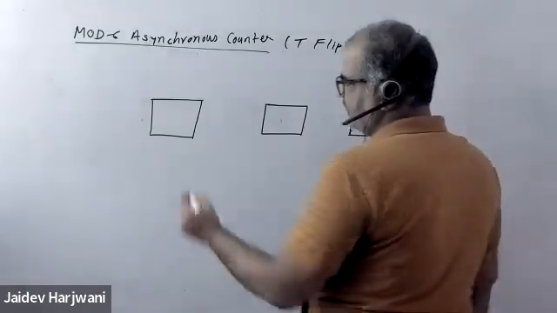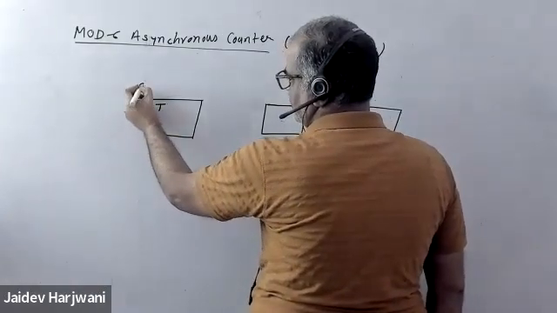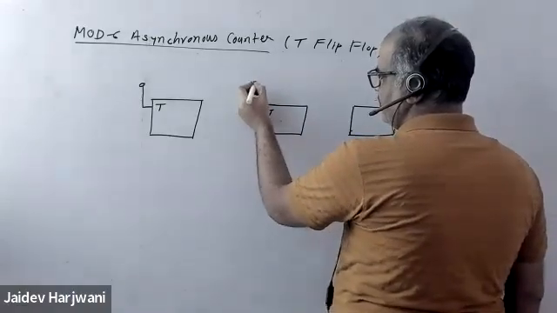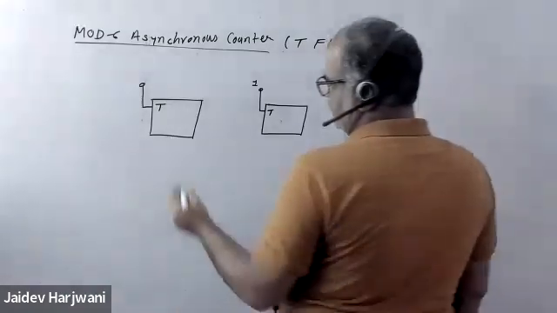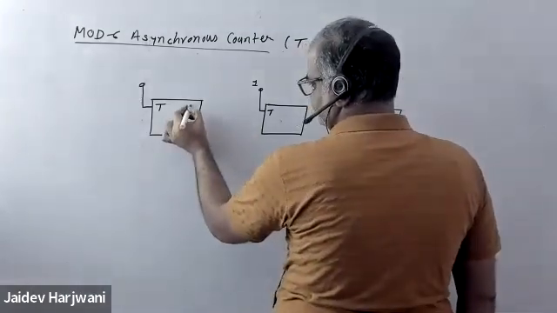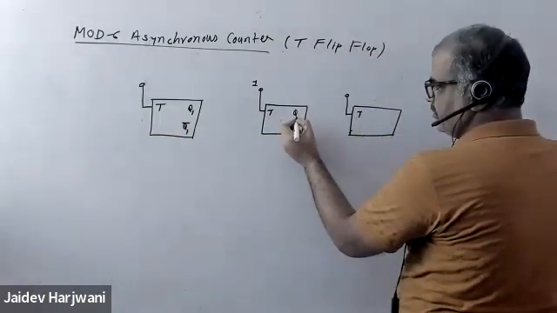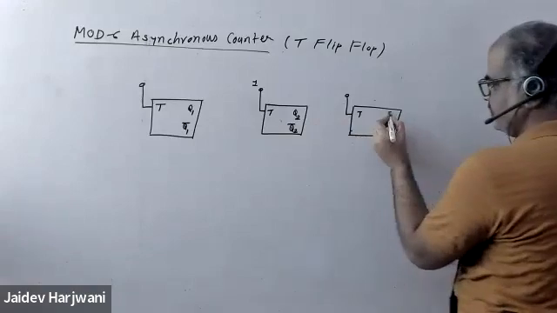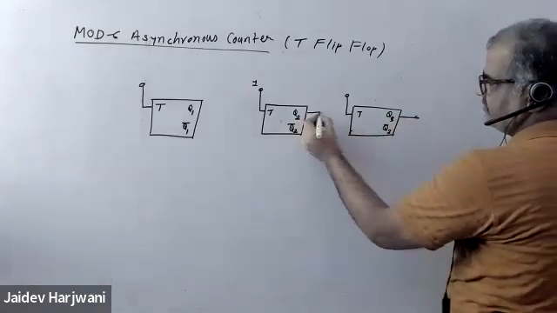These are T flip-flops working in toggle mode, that is J equal to 1, K equal to 1. So I am making the toggle T flip-flop. This is my Q1, this is Q1 bar, this is Q2, this is Q2 bar, Q3 bar is the output of this one.